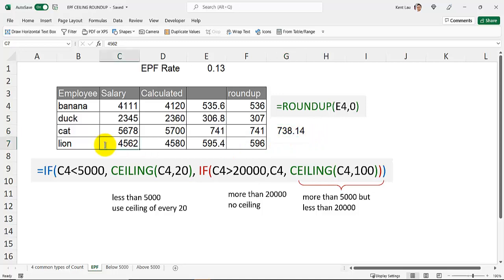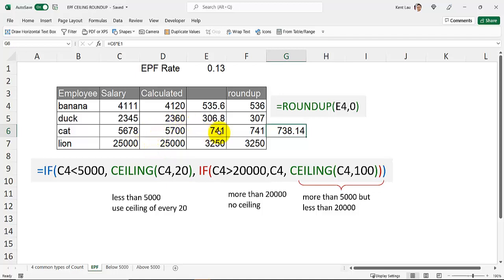But let's say it's a salary of 25,000. You can see that there's really no difference, because 25,000 is more than 20,000, so there's no ceiling. It wouldn't automatically go to the next ceiling, because that would be a lot.